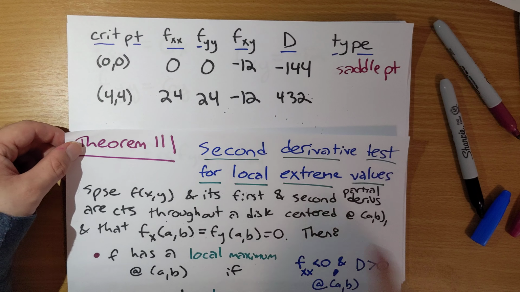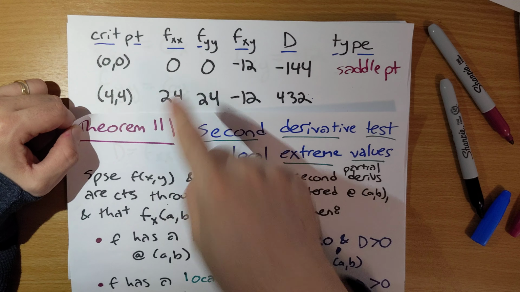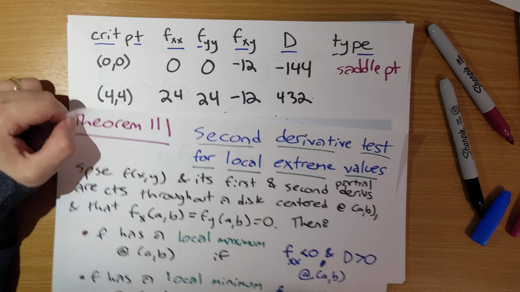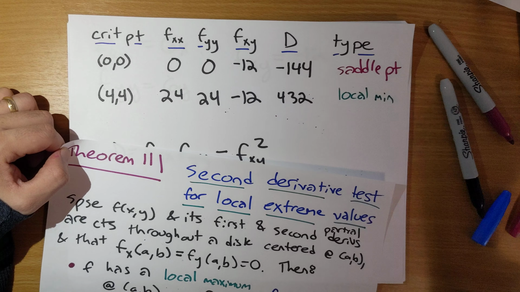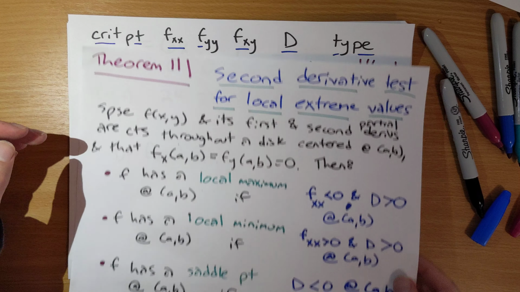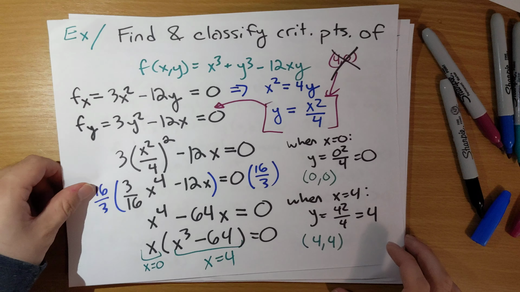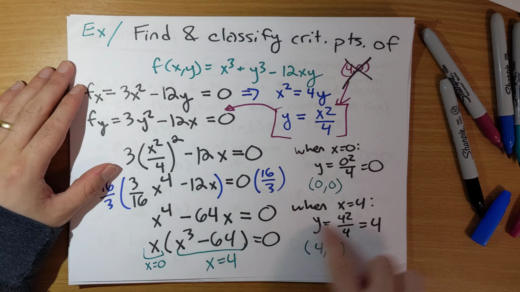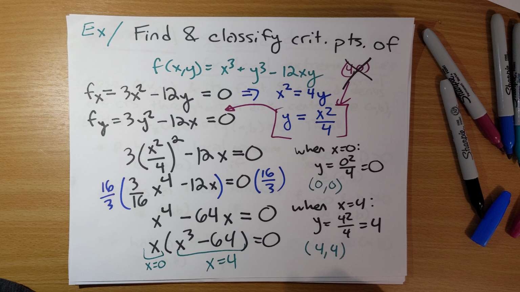And in our second case, D is positive, and f sub xx is positive, so this is a local min. Okay, so that is another example. Why did I do this one? It's very similar to the previous one, but there's just a little bit more going on in finding the critical points. So I want you to be aware that sometimes you have to do this kind of stuff.